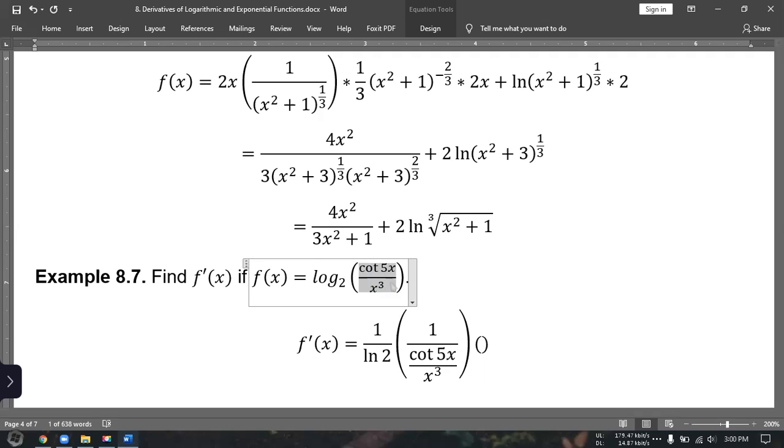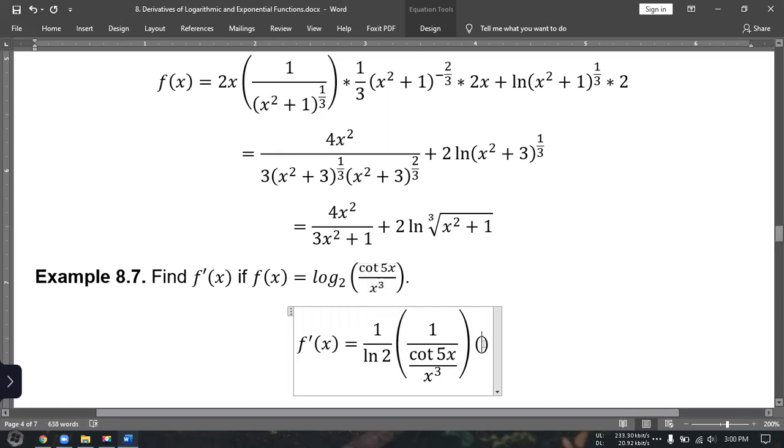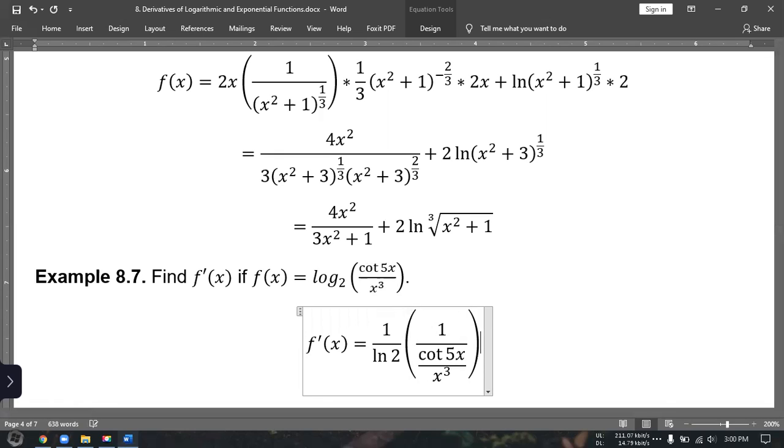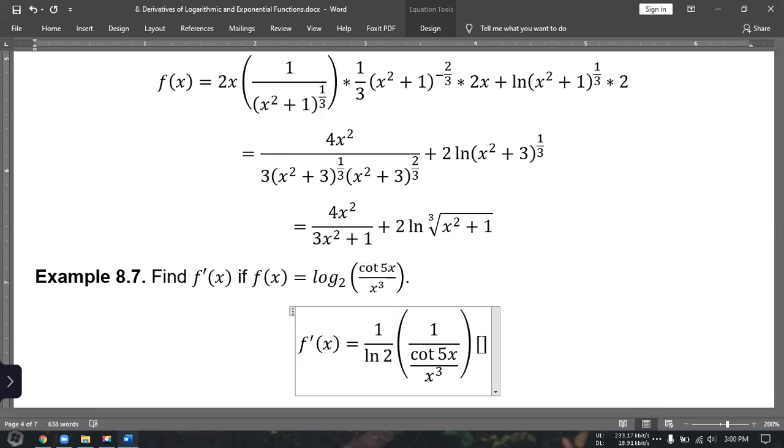Or in other terms, copy the denominator times the derivative of the numerator minus copy the numerator times the derivative of the denominator all over the square of the denominator. So let's do that. Quotient rule, let's use brackets.